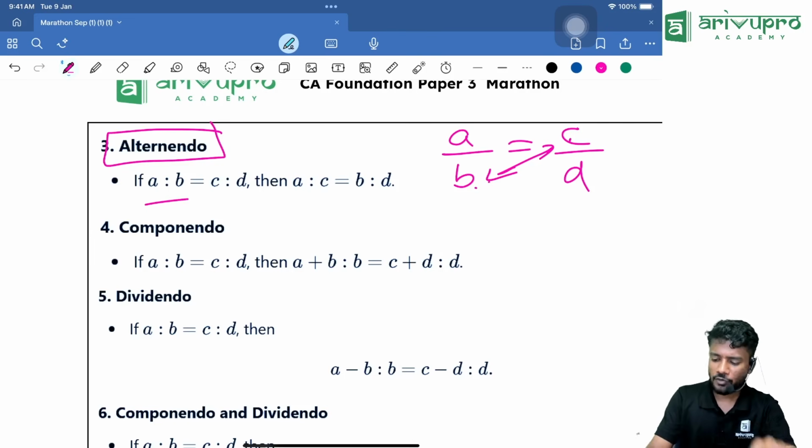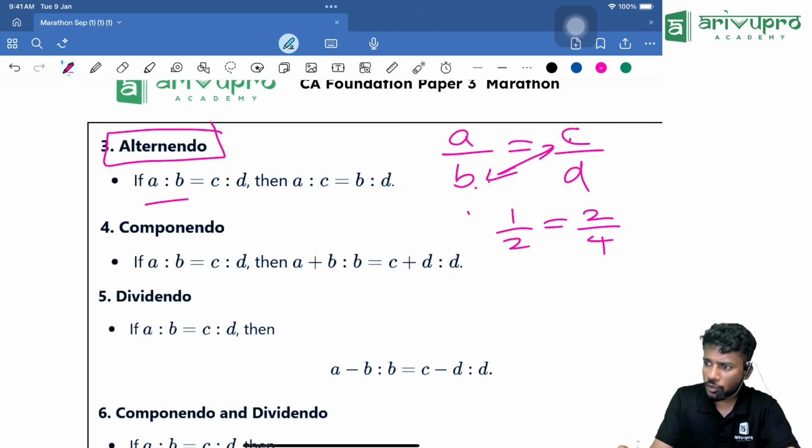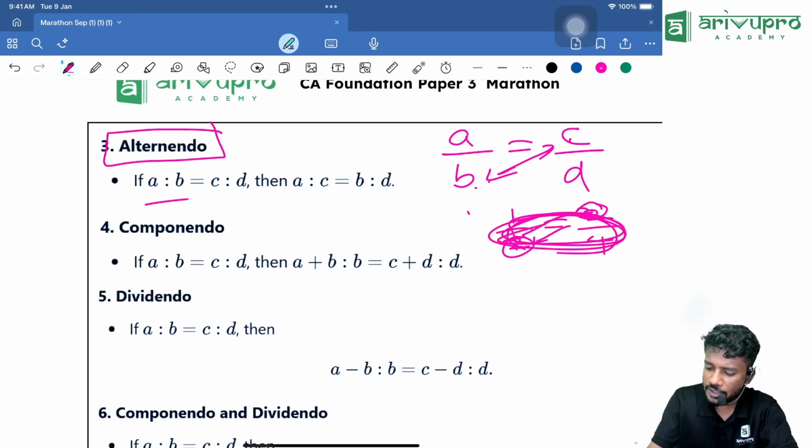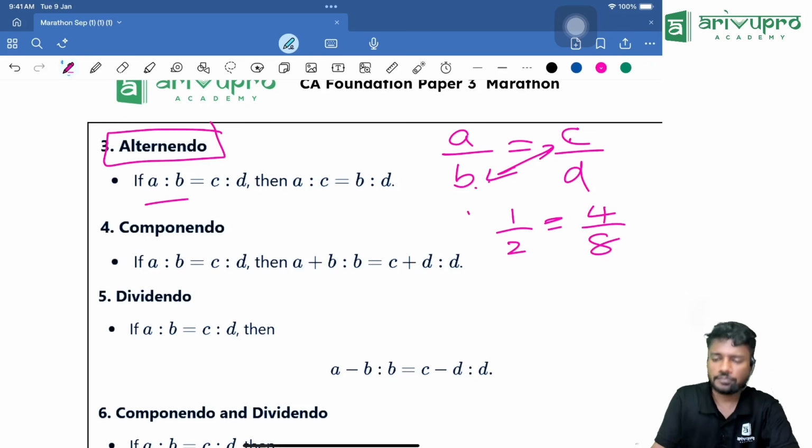What will happen? For example, 1 by 2 is equal to 2 by 4. Can I alter it? Yes. 2 is coming over here and 2 is going over there. Will it change anything? No, both are still equal. Or we can write it as 1 by 2 is equal to 4 divided by 8.